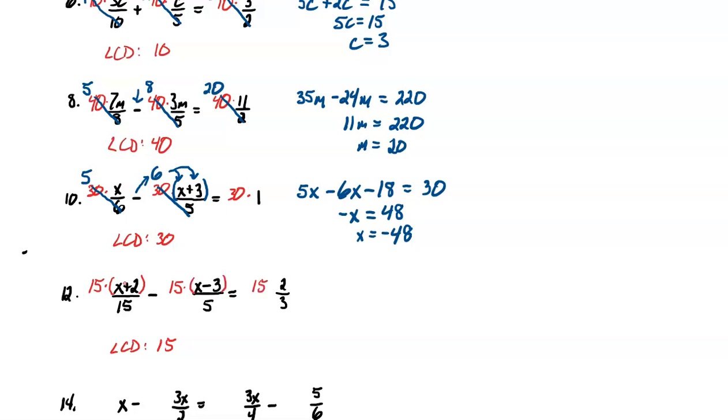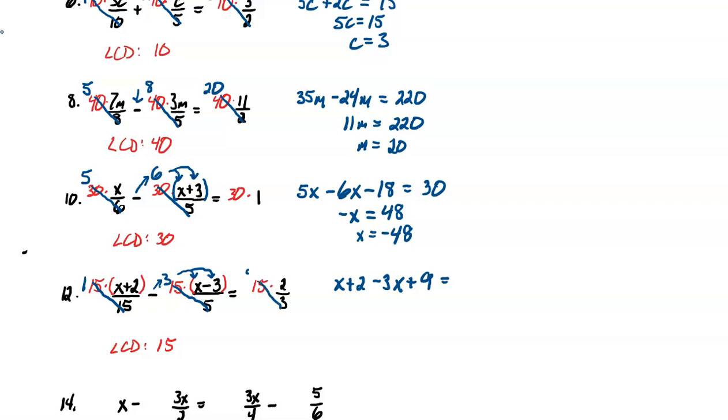And multiply by 15 over here. 15 divided by 15 just makes 1, and so we just have the binomial x plus 2. 15 divided by 5 makes a 3. In front of that 3 is the negative sign, and that 3 needs to be distributed to both terms. That's negative 3x plus 9.